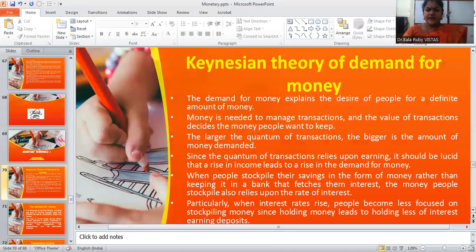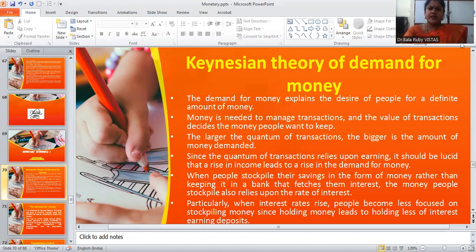Since the quantum of transactions relies upon earning, it should be noted that a rise in income leads to a rise in the demand for money. When people stockpile their savings in the form of money rather than keeping it in a bank that fetches them interest, the money people stockpile also relies upon the rate of interest.